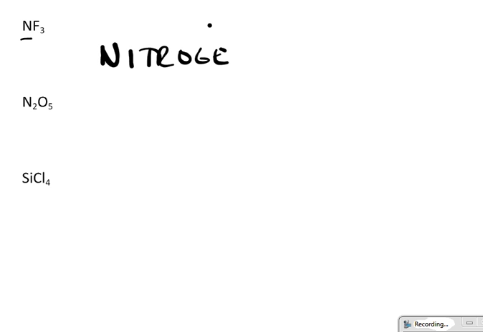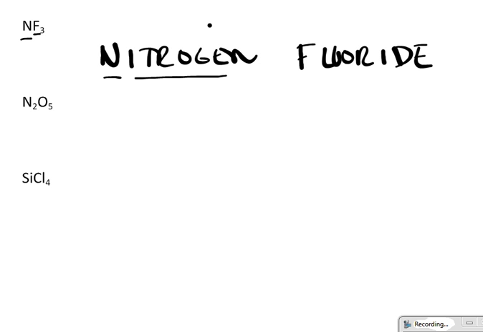My second element is fluorine, automatically IDE, nitrogen fluoride, right there. Then I got to add prefixes. We never add a prefix for the first element for mono. It's assumed there's one nitrogen just by writing the word nitrogen there. But notice how I have 3 fluorines, so it's nitrogen trifluoride.